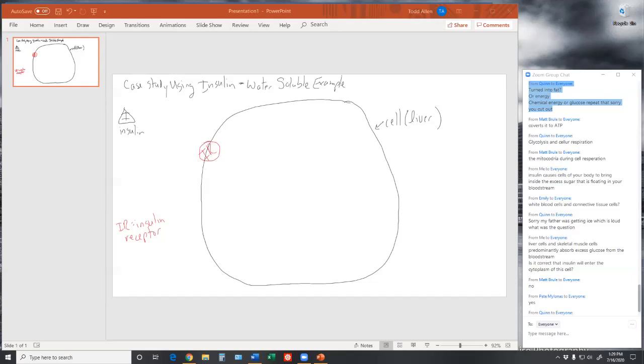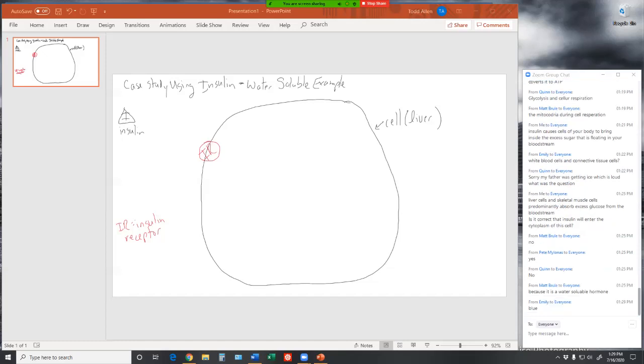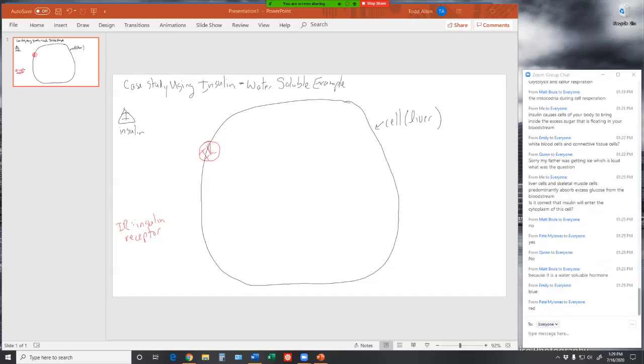Folks, open question to everybody. What color is insulin using the coloring of your textbook? Okay, all right. So using the coloring of the picture of figure 10.4, insulin would in fact be blue. I want you to see how the drawing I'm making on the computer screen relates to the content of the chapter that you have to read.